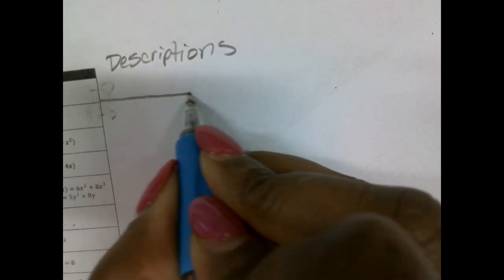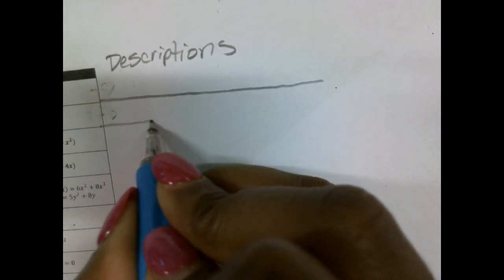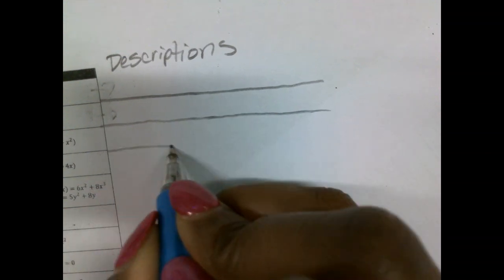I want you to take a little bit of time with your group to talk about what you think those descriptions are. I'm gonna give you about 2 minutes or so. Just go through and see what it looks like they are doing before we actually do it as a class.